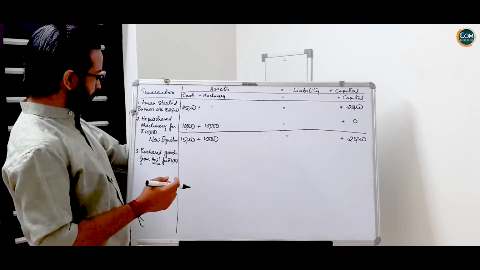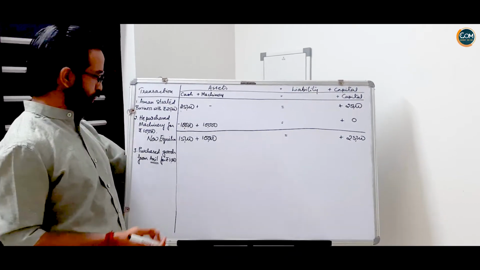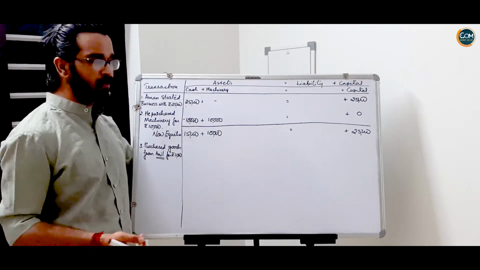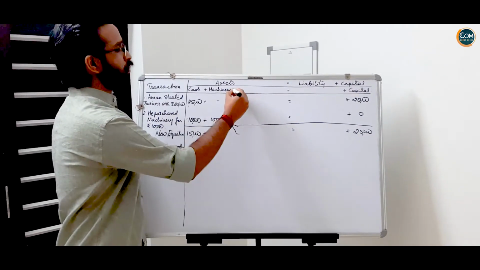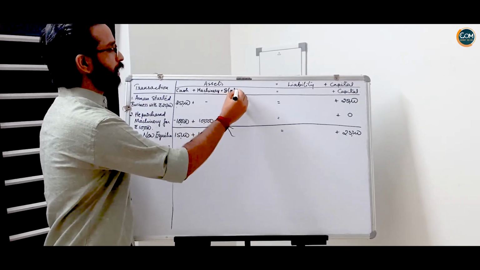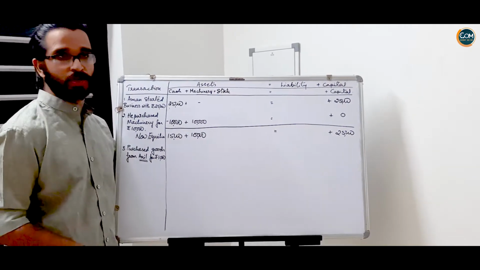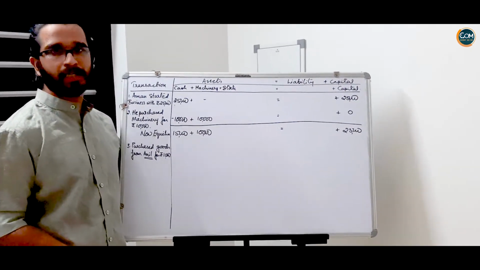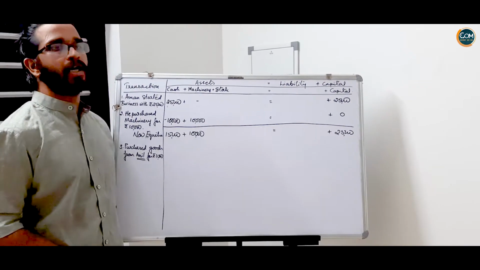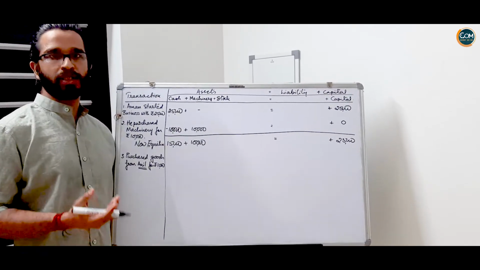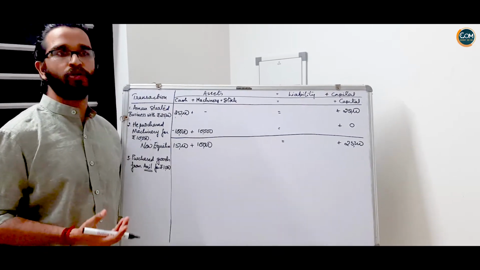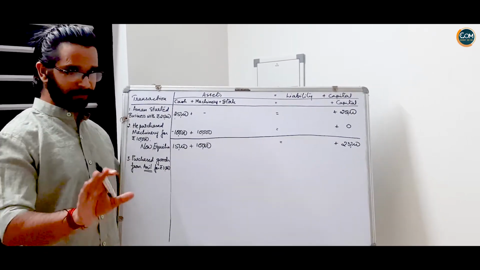When Aman purchases goods worth ₹1,000 from Anil, a new item called stock is created on the asset side. Stock, as we discussed in the earlier class itself, denotes the goods with the company at any time for the purpose of sale.